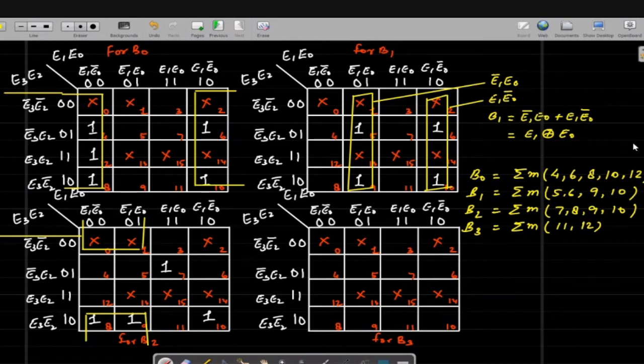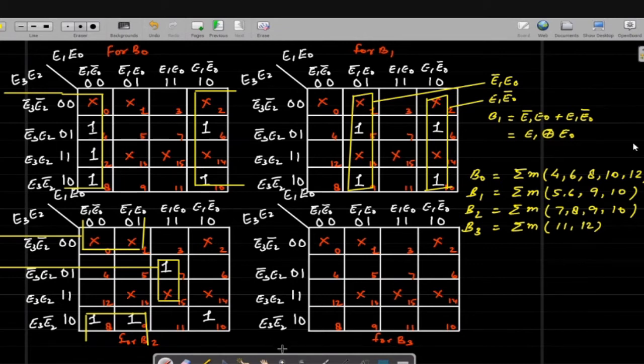E1 bar, and another possible quad grouping: 0, 2, 8 and 10. Like this you can make a group. And if you solve this, then you will get one term which is, row wise, E3? Column wise, E2 bar and E1, E0 bar.